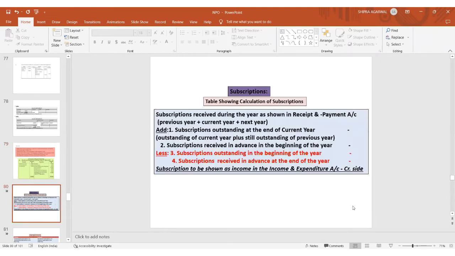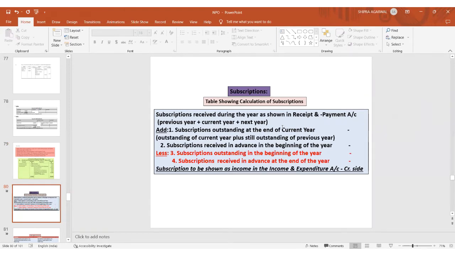Now, next is related to subscription. As I told you, subscription has to be shown in the receipts and payments account. When I'm talking about the receipts and payments account, then it is the total.